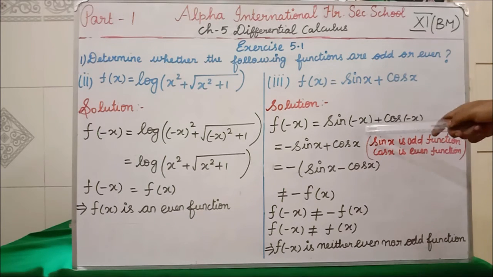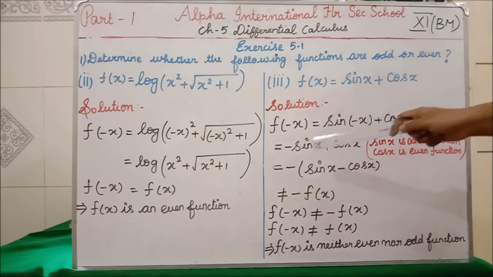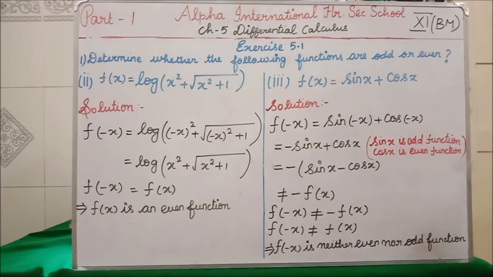Now since sin x is an odd function, odd means you have to put minus. So sin of minus x is minus sin x. Why? Since sin x is an odd function, for that we are writing here minus sin x. But if you see here, cos of minus x is an what? Even function. So this cos of minus x has become positive.